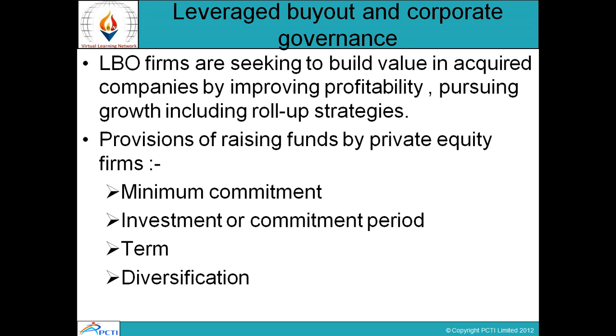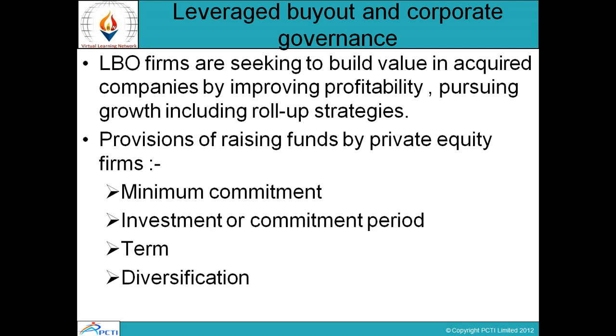The second is investment or commitment period. Here, during the term of the commitment period, limited partners are obligated to meet capital calls made by the general partner by transferring capital to the fund within an agreed upon period of time, which is often not more than 10 days.